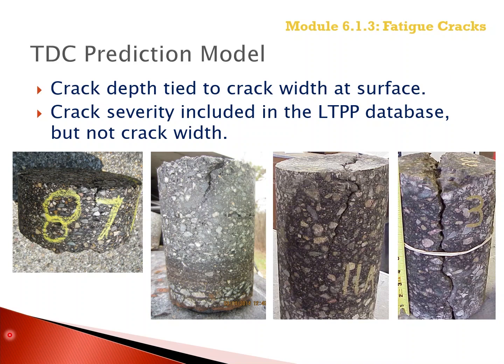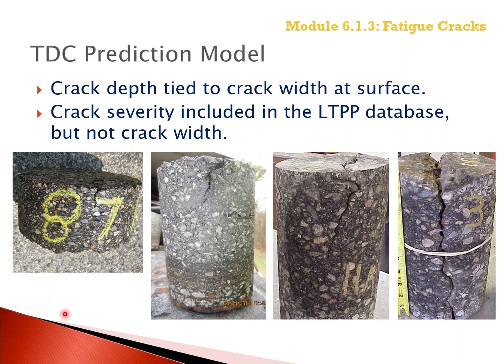The top-down fatigue cracking model, thus, is composed of 2 parts. The first part is crack initiation, or the cracks just start to occur at the surface, and then crack propagation. How slow or fast do those surface-initiated cracks propagate downward through the asphalt layer?